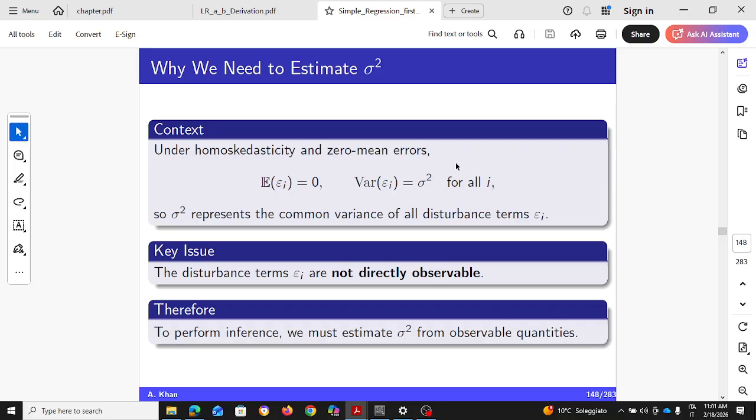If we want to perform inference, we must estimate this value from the observed quantities, because what we have here comes from unobserved values, and we cannot calculate them. So we need a way to somehow estimate those natural disturbances.